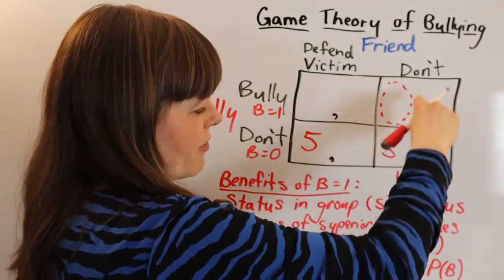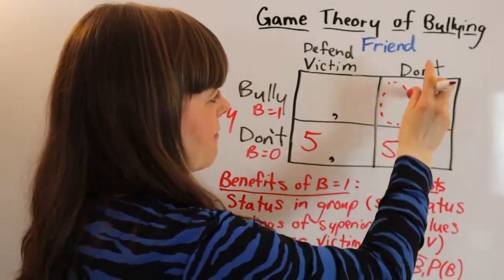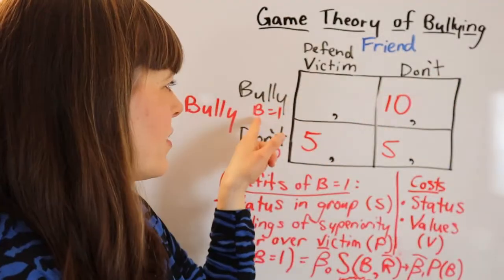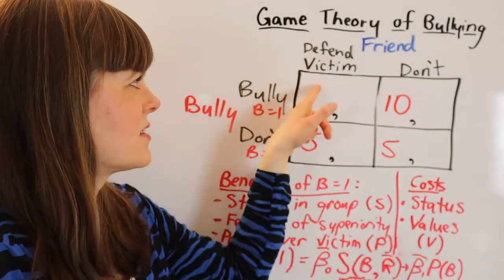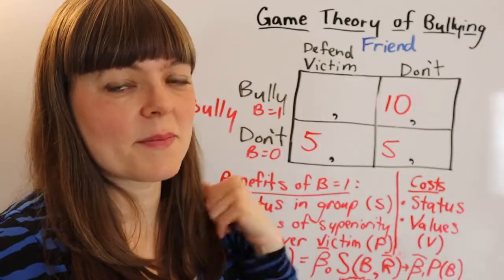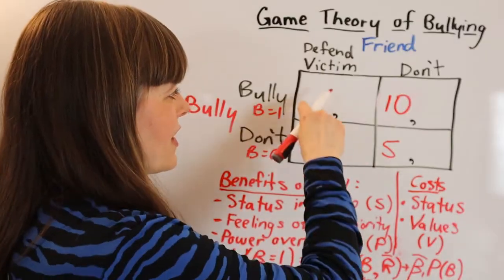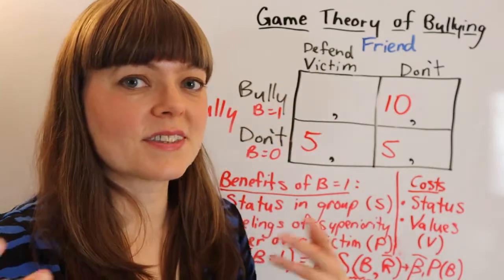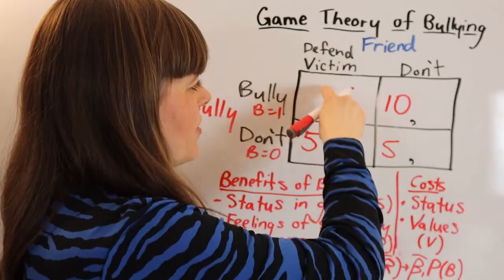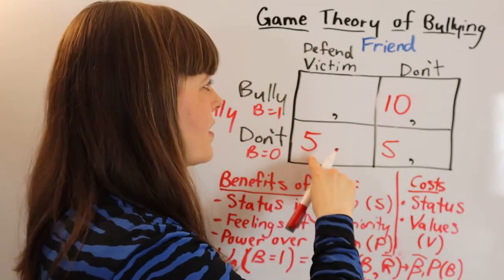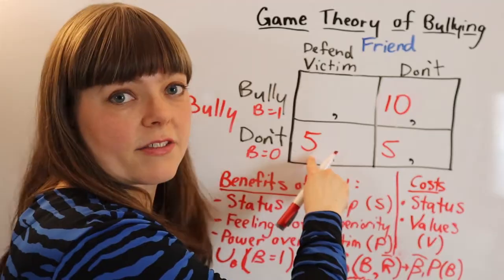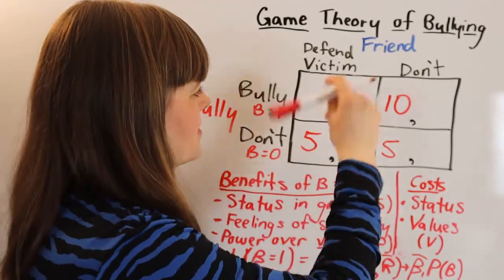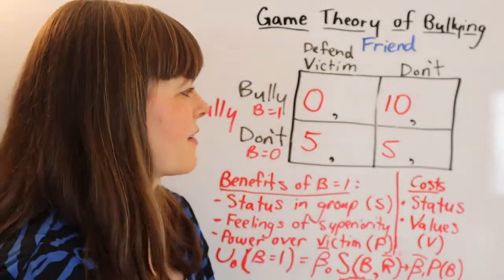So certainly whatever this value is, it needs to be higher than 5. Now, if the bully bullies someone and a member of the group stands up to them and defends the victim, we know that's going to lower the bully's status in the group to some degree. So this is going to give us a lower utility than if the bully had not bullied in the first place. And I could have put that as a negative number.